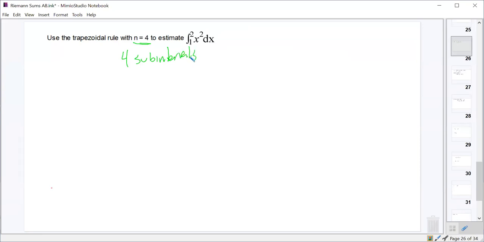And what's the length of my interval? It's just from 1 to 2, right? So my h value ought to be b minus a over n, or 1/4. Everybody good with that? That's the h value in the trapezoidal rule? Okay.